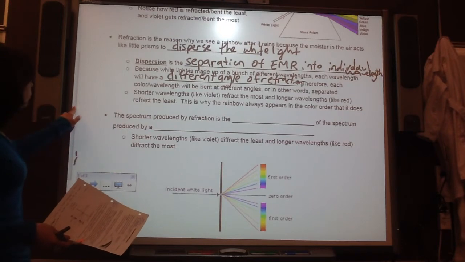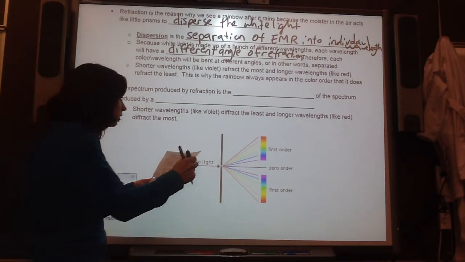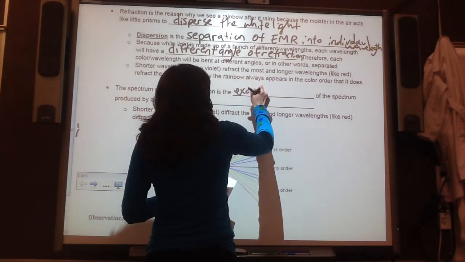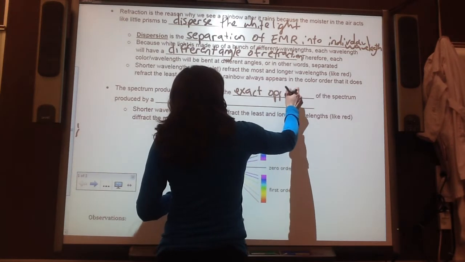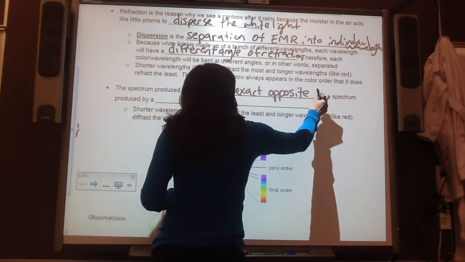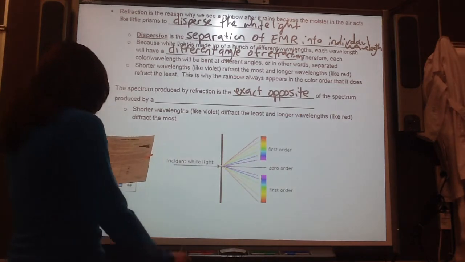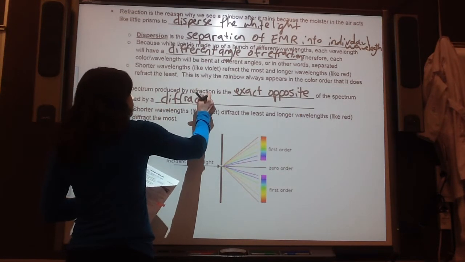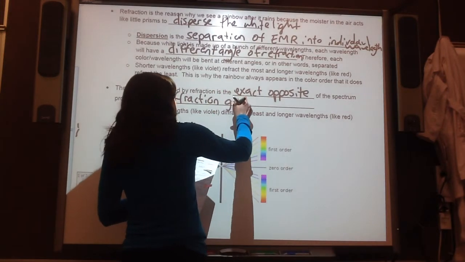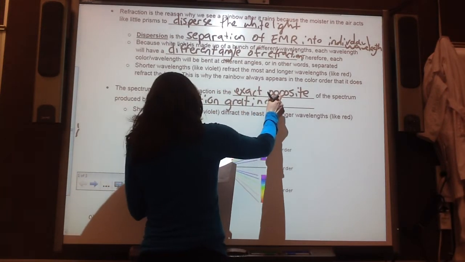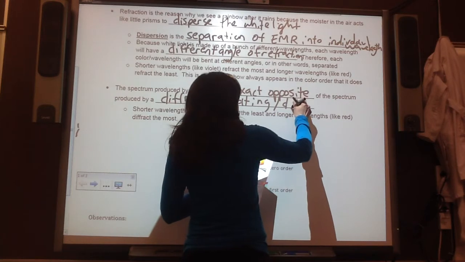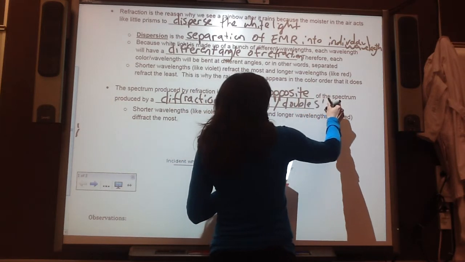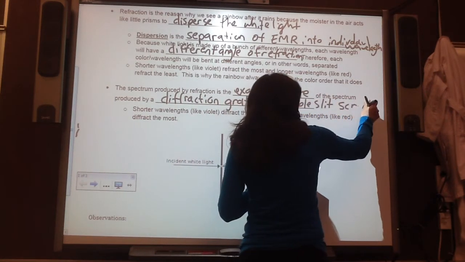The spectrum produced by refraction is the exact opposite of the spectrum produced by a diffraction grating or double slit screen.